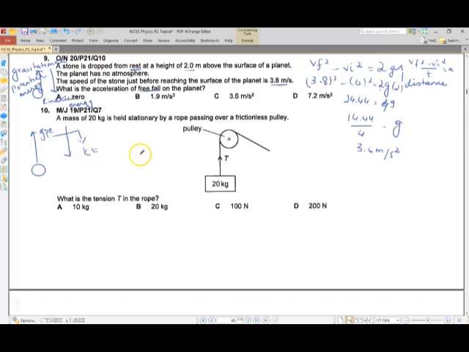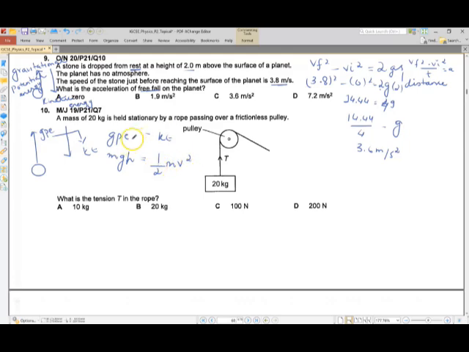The formula for gravitational potential energy is mass into gravitational force into height. And the formula for kinetic energy is half mass into velocity square.